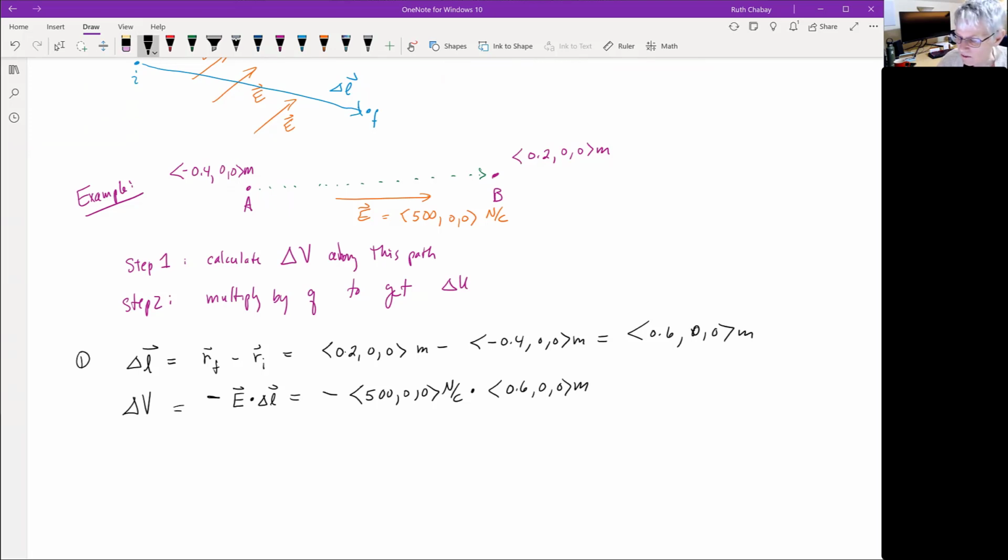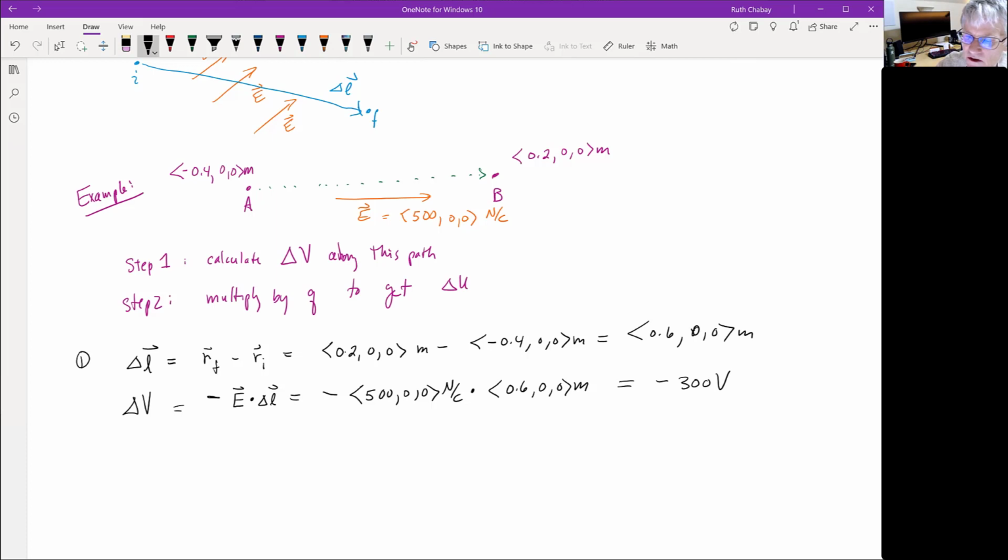The only non-zero component is the x component. 500 times 0.6 is going to be 300. So delta V is going to equal negative 300 volts. Okay, so that's step one.